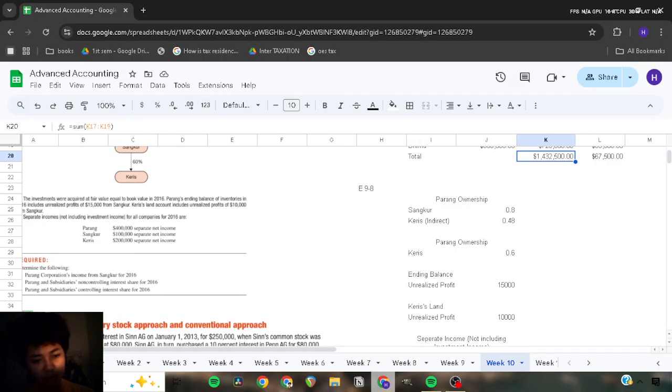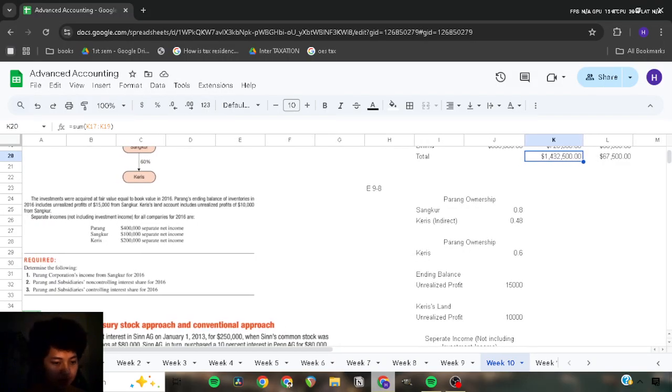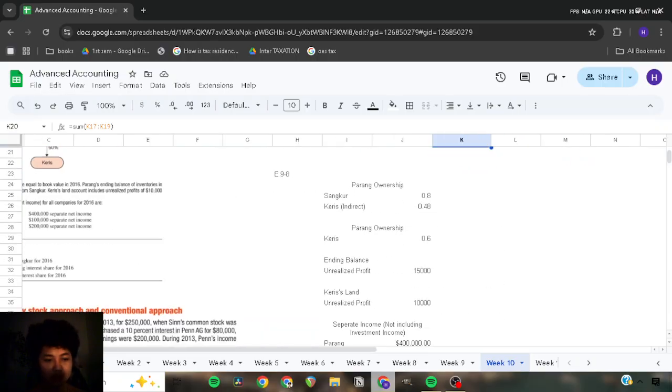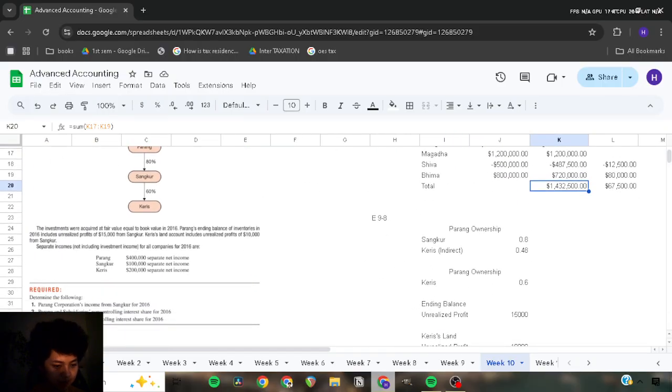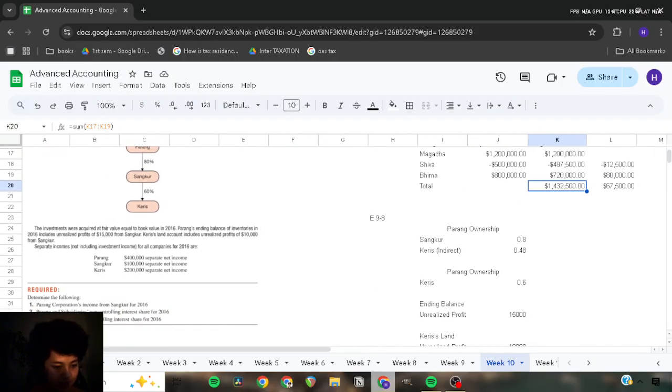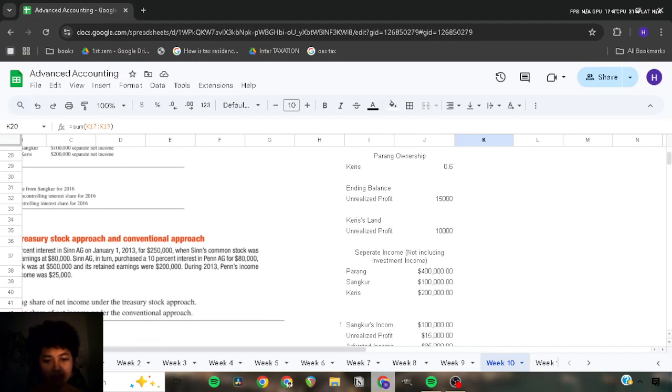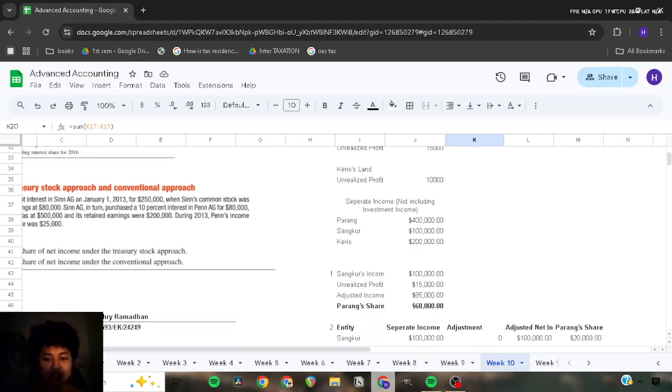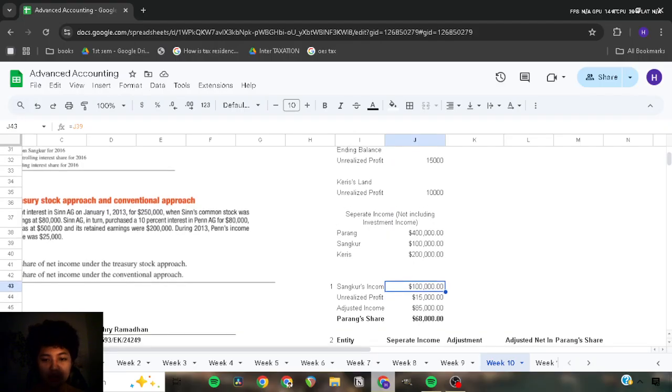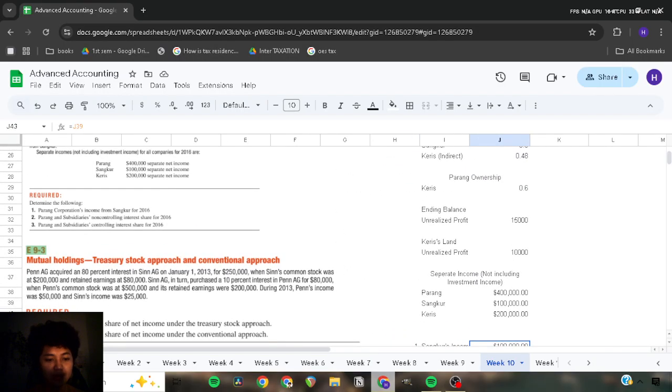For E98, we are told to calculate the income, the NCI, and the controlling interest share. To begin, calculate the income, which is pretty straightforward. We have their initial income of 100,000, and we need to adjust them by the unrealized profit.